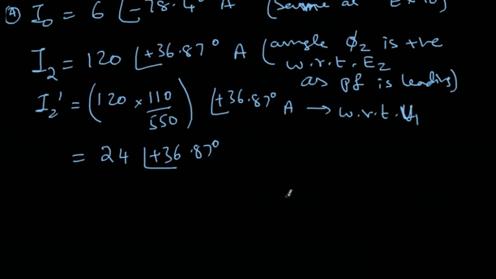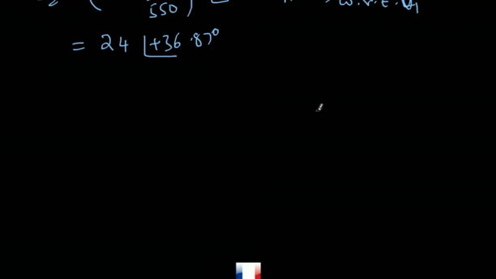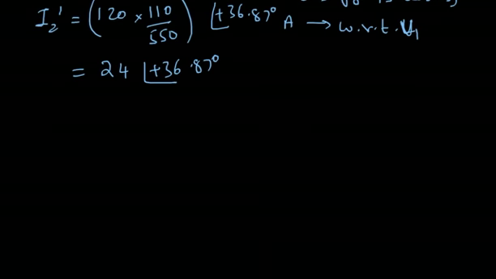Now if I draw the vector diagram, it looks something like this. This is V1, actually V1 only up to here. So let's take this as E2. Now because this is E2 and I2 is leading, I get I2 here.